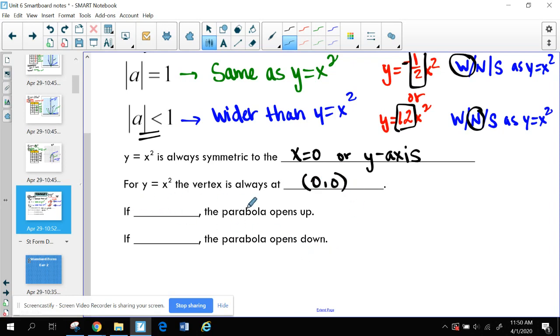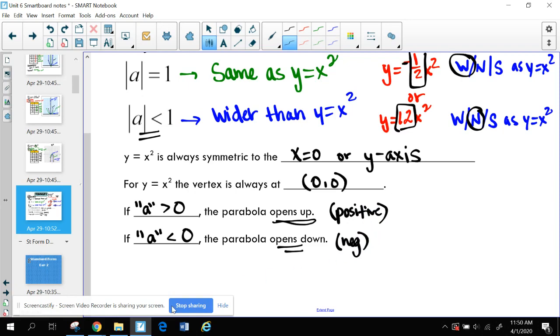And then we look at the a value to decide if it opens up or down. So if we know it opens up, we know a has to be positive, which means greater than 0. If it opens down, we know that the a value has to be negative, which we'll write as less than 0. So if you want to put that behind there to help: a is positive, it opens up. A is negative, it opens down.